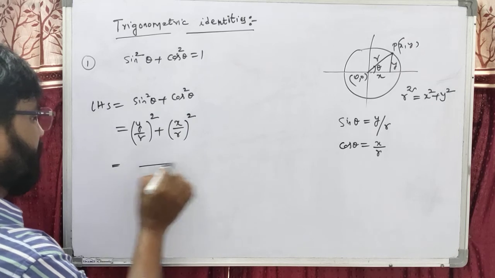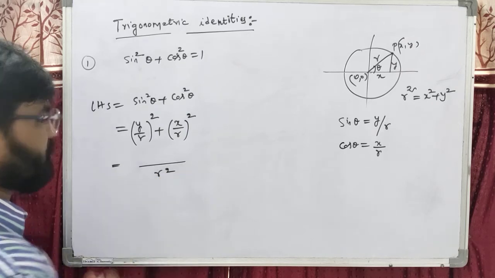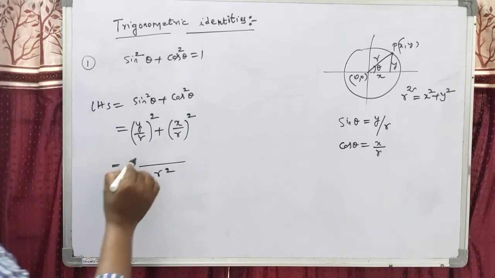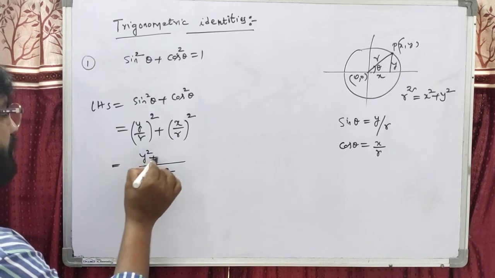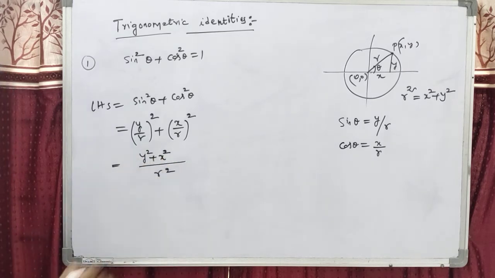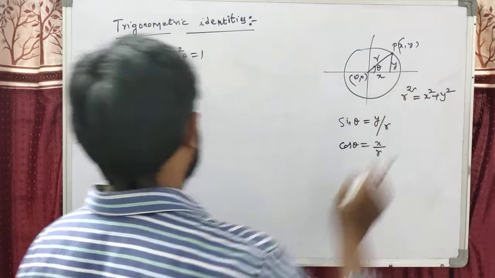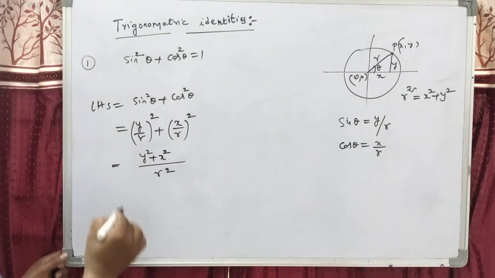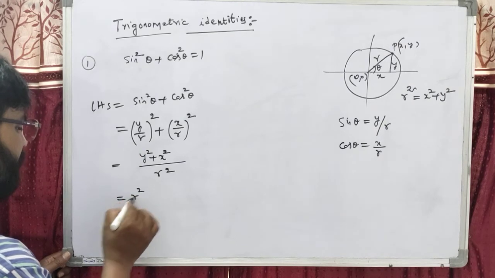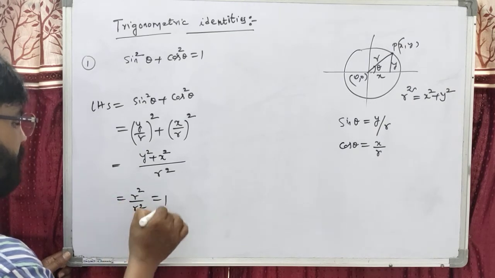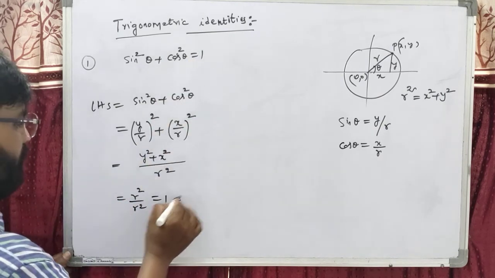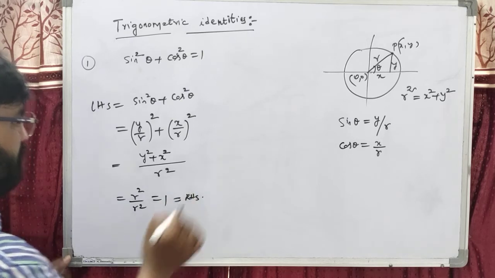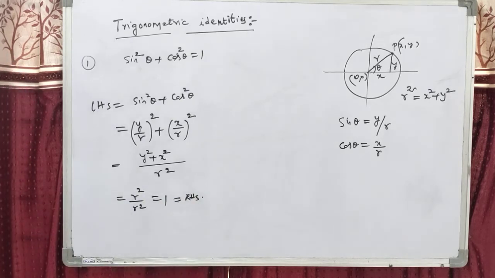When we take the LCM r square, we get y square plus x square. So x square plus y square is nothing but r square. We got r square by r square, which is equal to 1. Therefore, that is the RHS. Okay, students, sin square theta plus cos square theta equals 1.